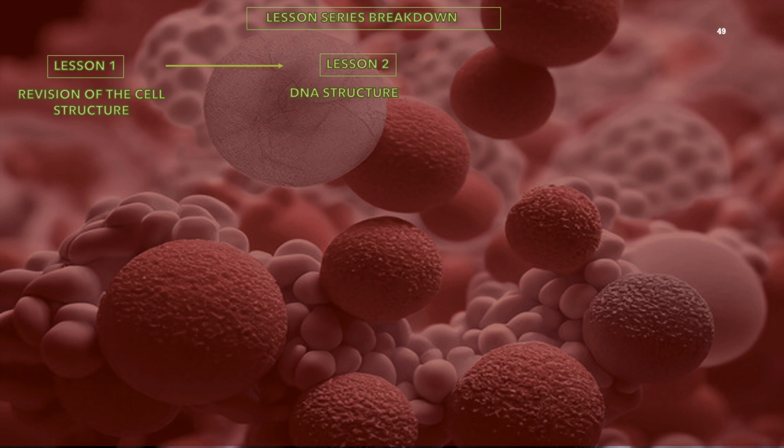So like I said, so far, we did lesson 1, which was on the revision of the structure of the cell, revising content that is relevant for grade 12 only. So we looked at the organelles, the structures, the functions, in terms of grade 12 content. So be sure to check that video. On the previous lesson, we looked at the DNA structure.